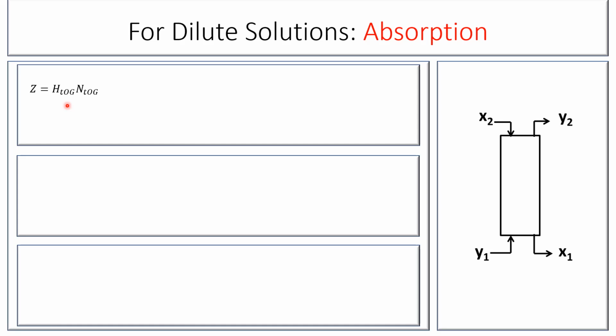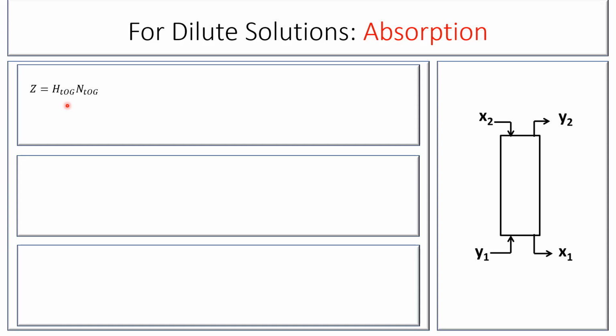For common absorption systems such as ammonia and water, or H2S in different kinds of solvents, manufacturers have developed graphs for estimating the HTU, the height of transfer units. Now, these graphs do not provide the accuracy of pilot plant data, but they are less expensive and easier to use.